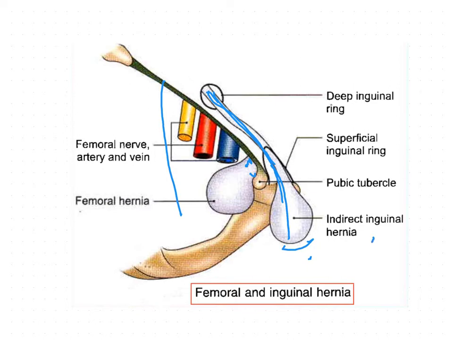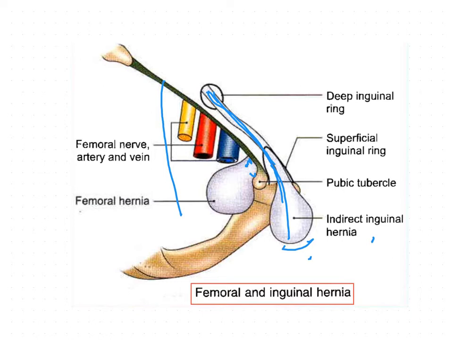When the protrusion occurs through the weak posterior wall of the inguinal canal, the inguinal triangle, that is called the triangle of Hesselbach, the hernia is called direct inguinal hernia. This direct inguinal hernia occurs in most older people because it has a wider neck of the hernial sac.